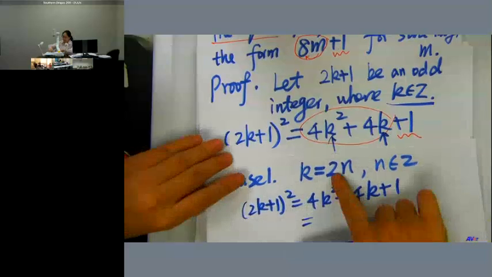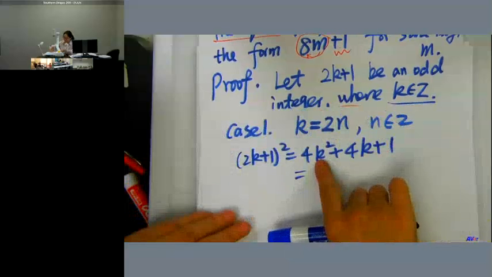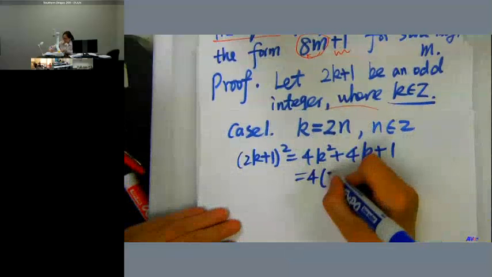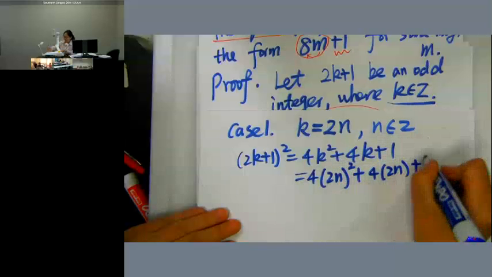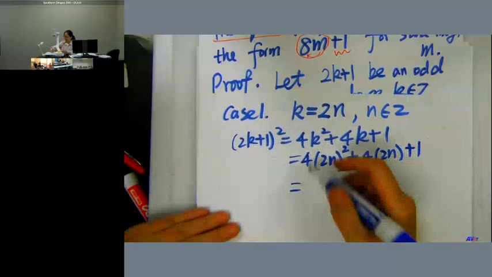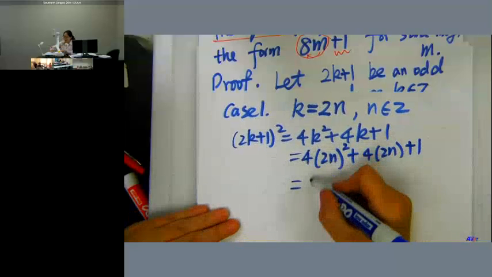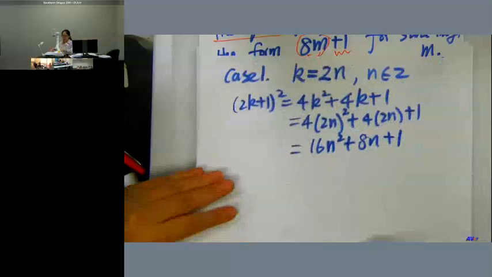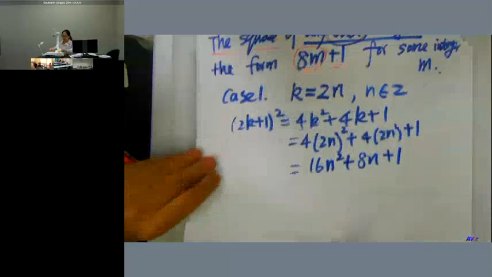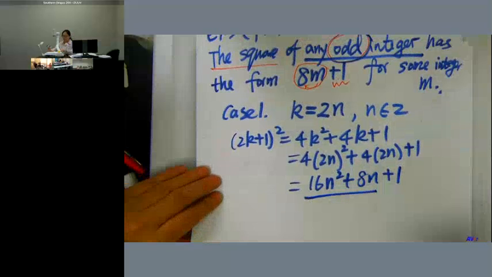Now let's plug 2n into the expression for that k there. I get 4 times 4 is 16n squared plus 8n plus 1. Now take a look. Can I factor out 8 from here?